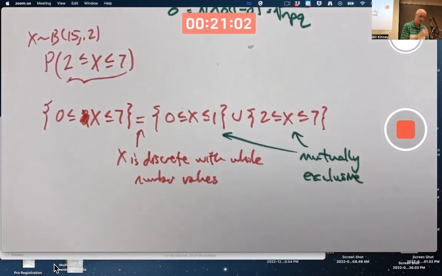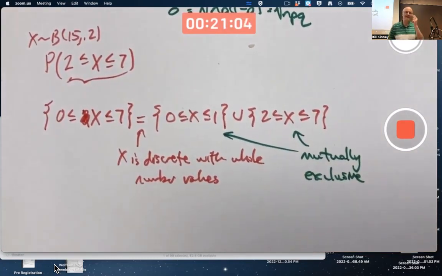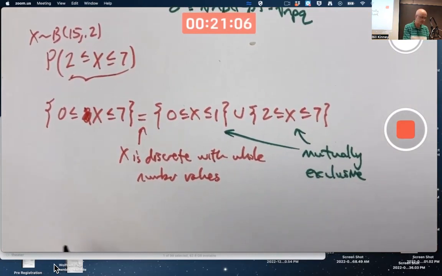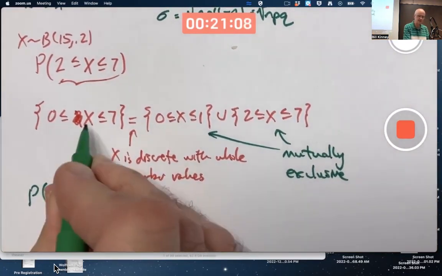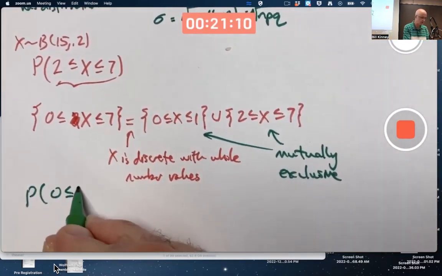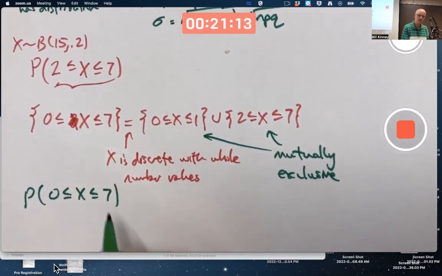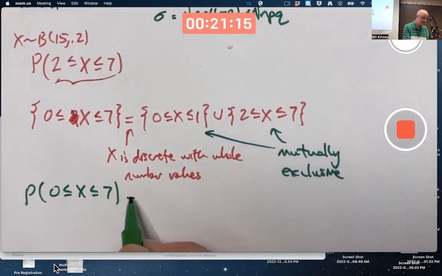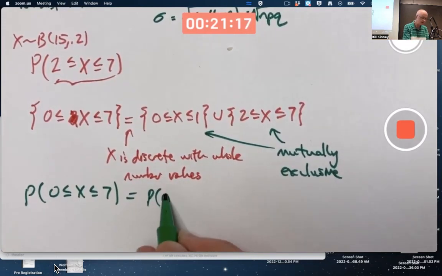So, axiom 3 of probability, the addition rule for mutually exclusive events, would say that the probability that this event occurs, which now I will not write curly braces for, is the sum of the probabilities of these other two events.